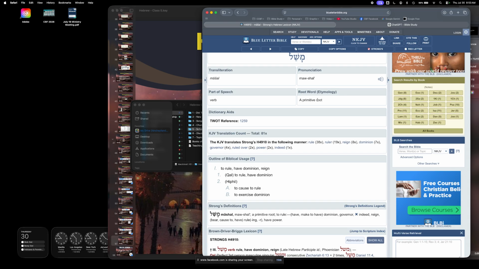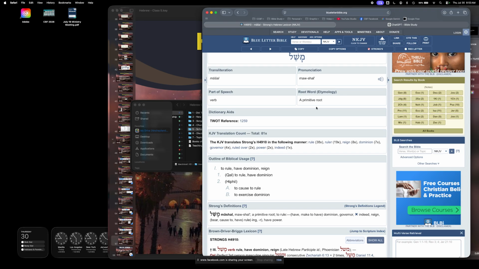Does that make sense? So if you've got a verb, that's the primitive root. That's the base word. It doesn't come from anything. It's just the root. That's what everything comes out of. Get the idea. A tree grows from the root, right? You get a trunk, you get branches, you get leaves, and they all come out of the root. But the root, that's what it's all built out of. That's what a root word is. A primitive root is the very base foundation of the word.